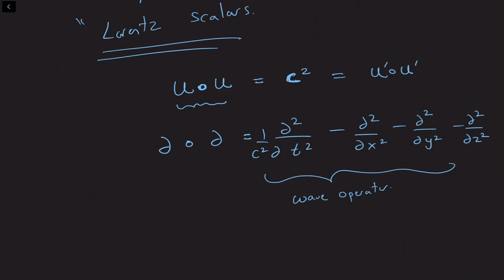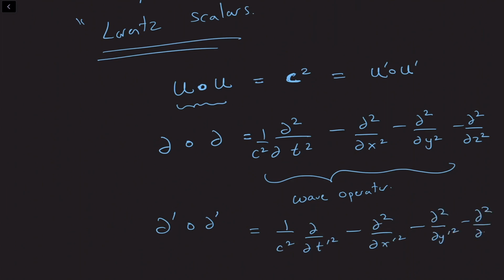And since this operator is Lorentz invariant, it is going to be the same even if I calculate it in the primed frame. That is, if I calculate the quantity partial prime circle partial prime, which would be 1 by c square partial t prime square and so on, these two quantities would be the same, because they're Lorentz scalars.